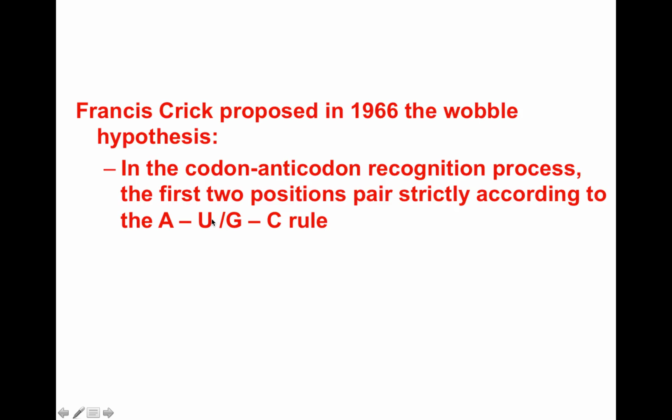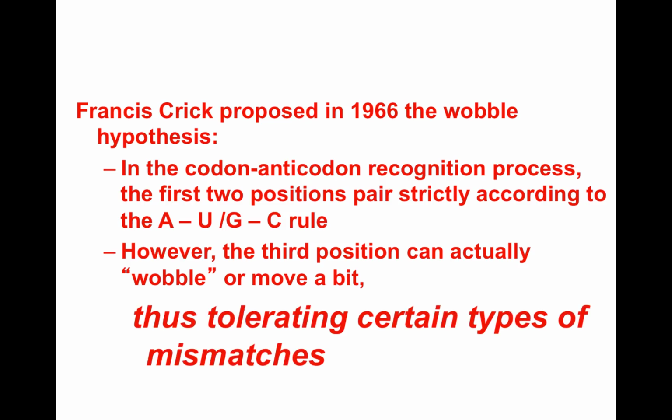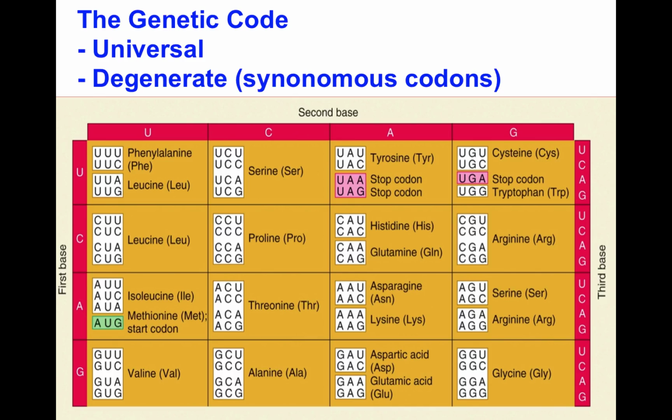In other words, A always pairs with U and G always pairs with C. That's for the first 2 positions. But the 3rd position can actually wobble or move a bit, and it tolerates certain types of mismatches. But it turns out that those mismatches in the 3rd position don't really matter too much.